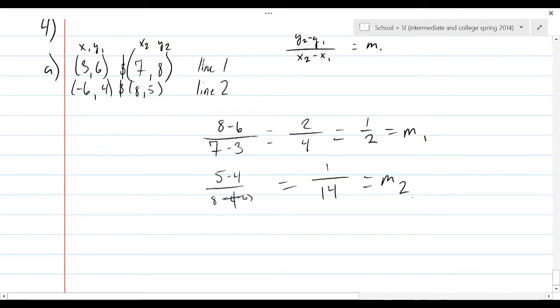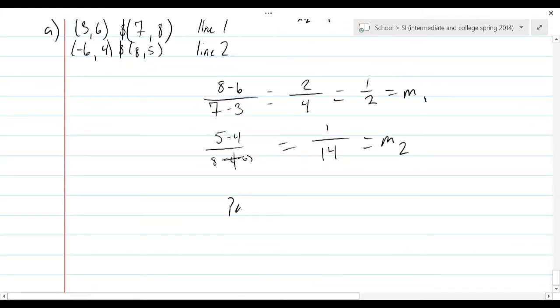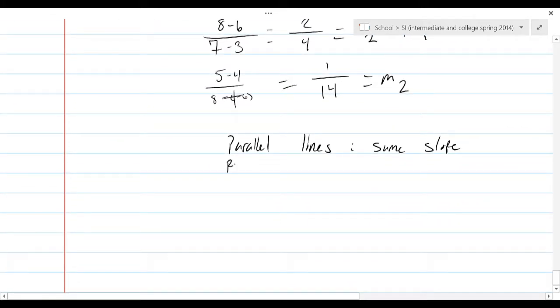So are these slopes the same? I guess I should say, if they're parallel lines, same slope. Perpendicular lines have negative reciprocal slopes.